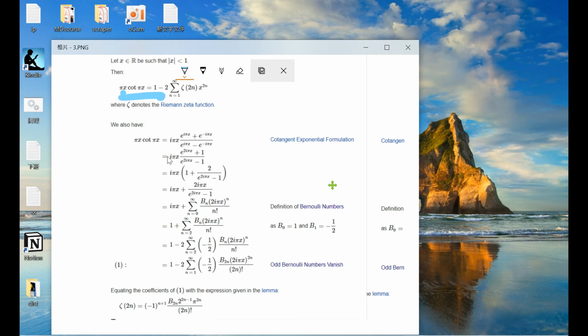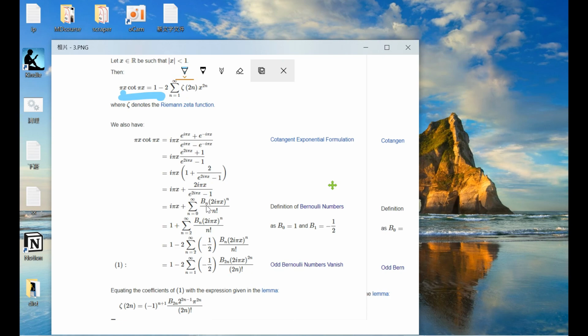Or you can see my cursor, and then we can write it as this, right? Because we just extract one exponential 2 pi x, and we multiply i pi x into this, so we get this. The first one we just preserve, and the second one is the standard Bernoulli number expression. We write it down, and it becomes this. Then we change this to be 1, because you can check that b0 is 1 and b1 is minus a half.